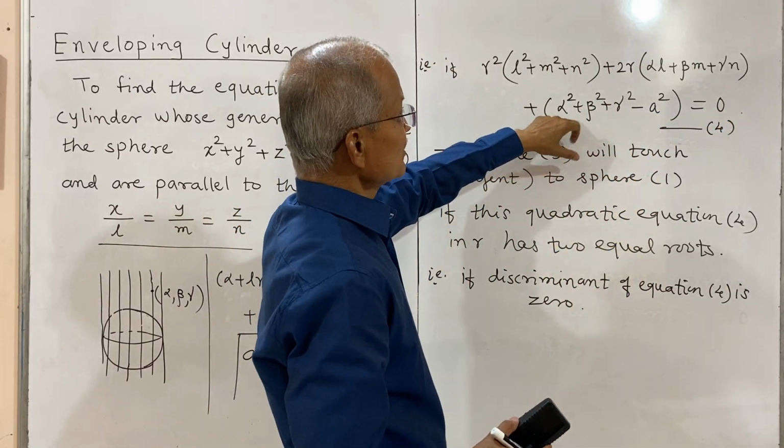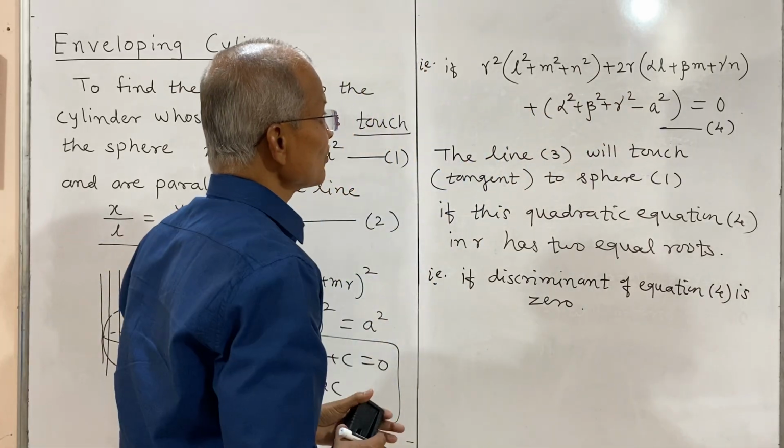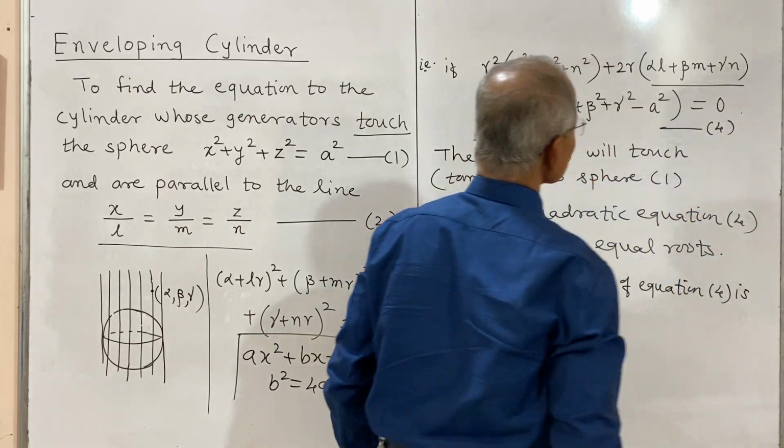On the right side there is also a 4, so 4 cancels, and we only have to write the square of this.